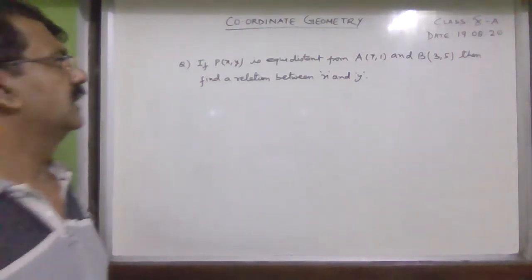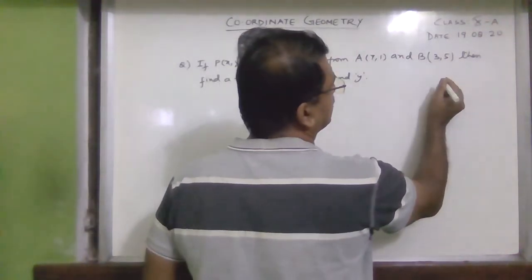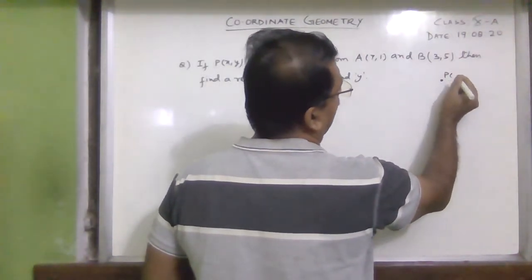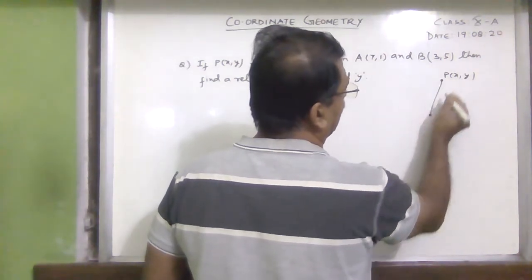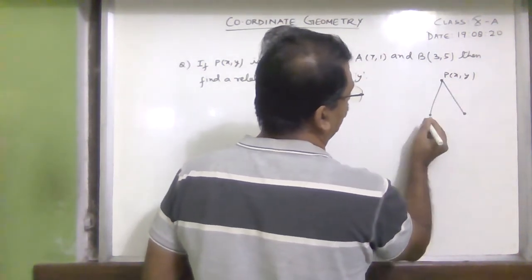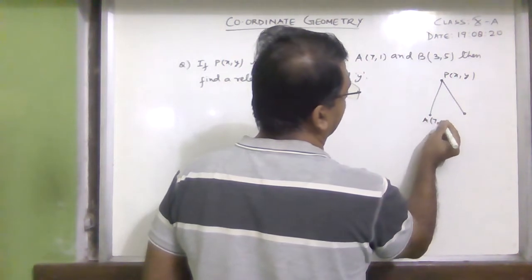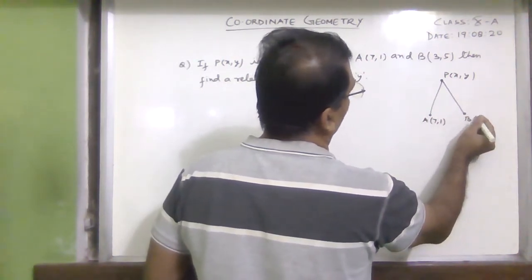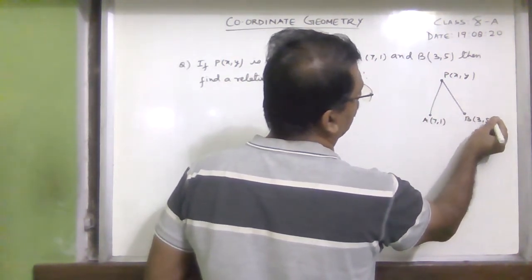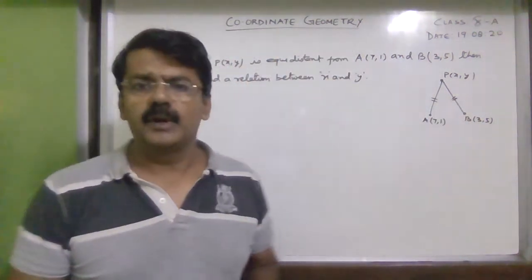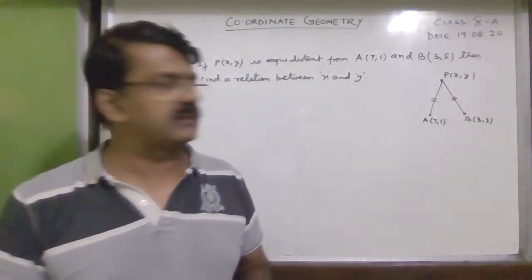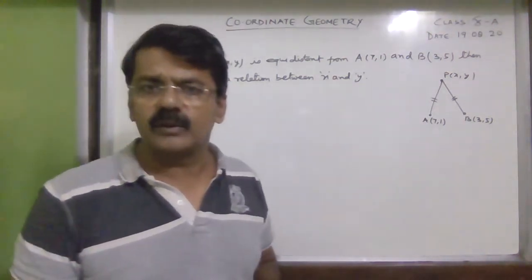Now see, the question is actually like this. This is P x comma y. This point is A 7 comma 1. This point is B 3 comma 5. And now they have given that PA is equal to PB. As P is equidistant from A and B, so PA is equal to PB.